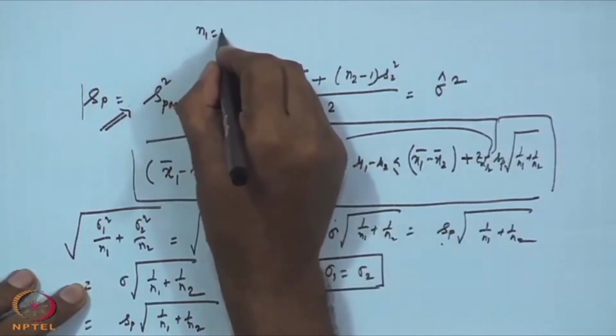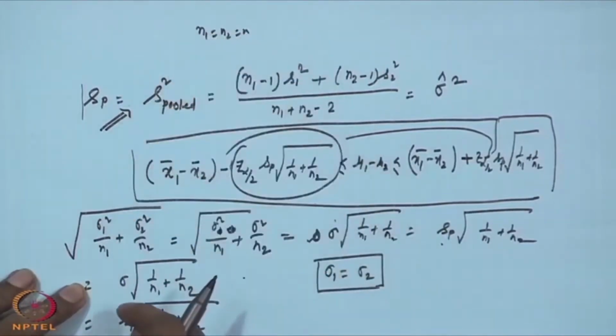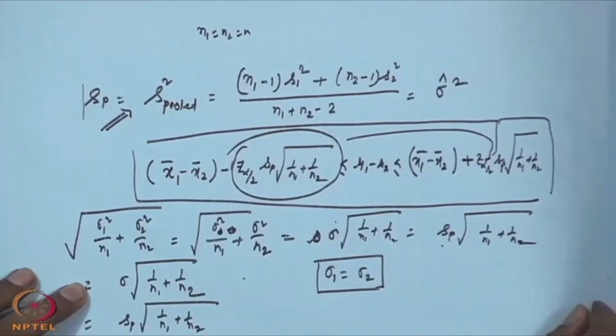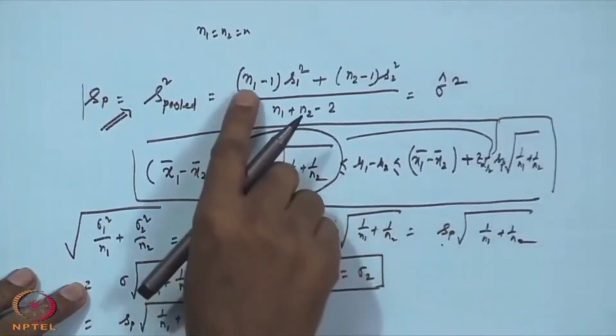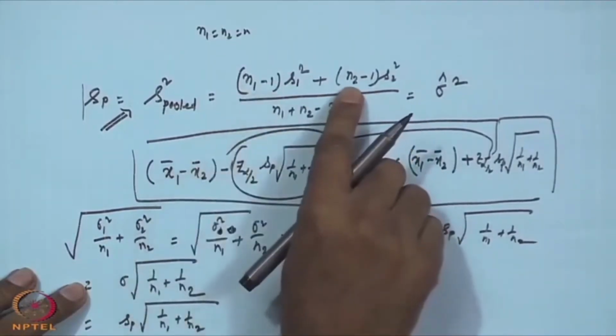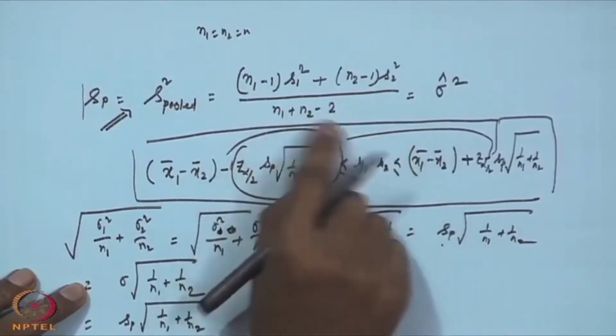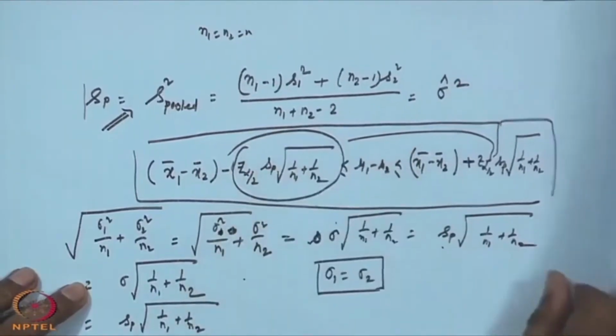If you use n1 equal to n2 equal to n, what will happen ultimately? This is n minus 1, this one is also n minus 1, then it is 2n minus 2. What will happen if n1 equal to n2 equal to n?